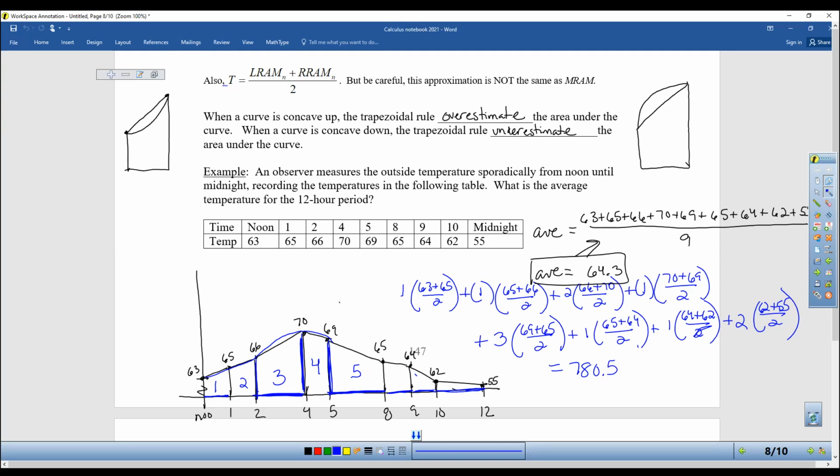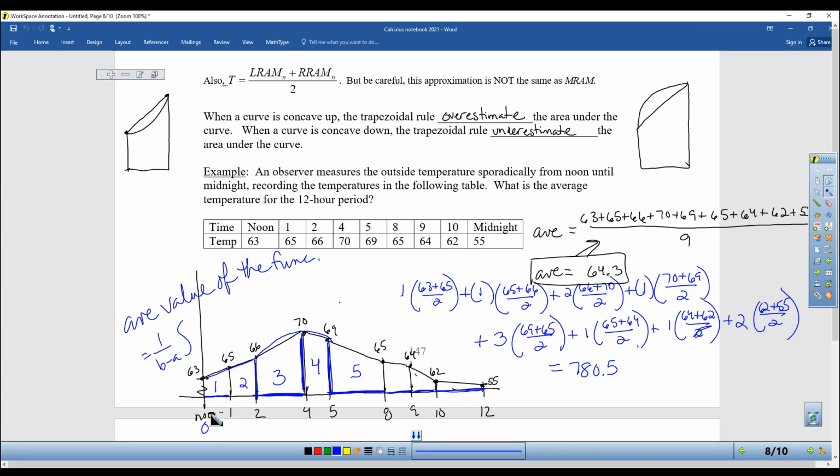But remember what you're doing. You're finding the average value of the function, right? The average temperature. Do you remember learning average value recently? Average value is 1 over b minus a times the integral. So the integral adds it all up, but you still need to divide by this distance.